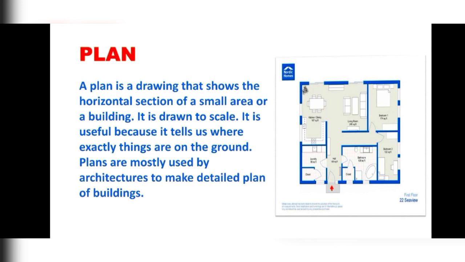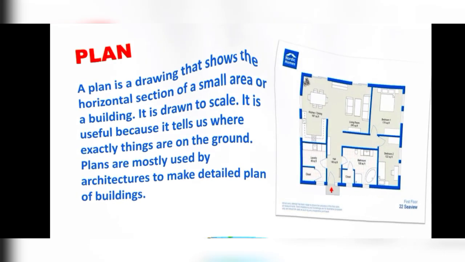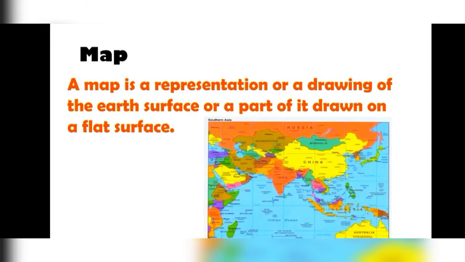Now the most important part is map, which you are going to study in geography. What is map? Let me tell you. A map is a flat, diagrammatic presentation of an area of the Earth's surface. It gives information about the Earth's surface in a simple manner.